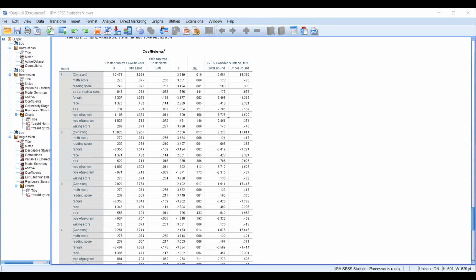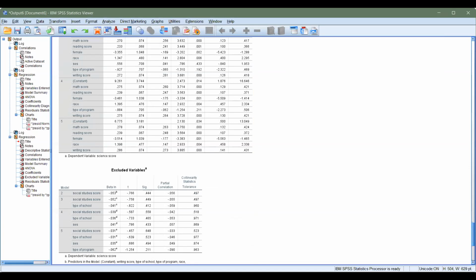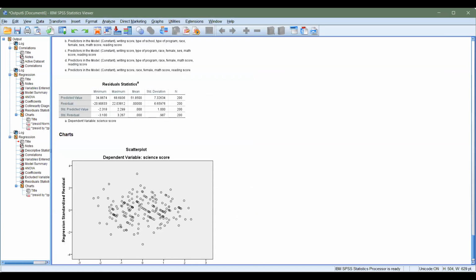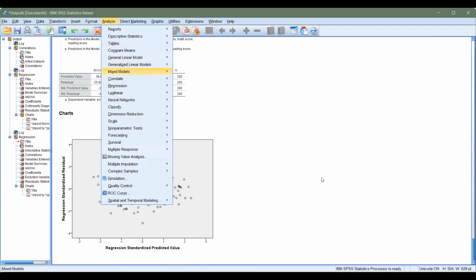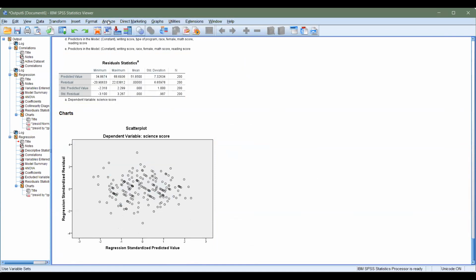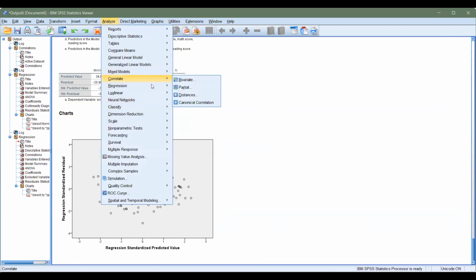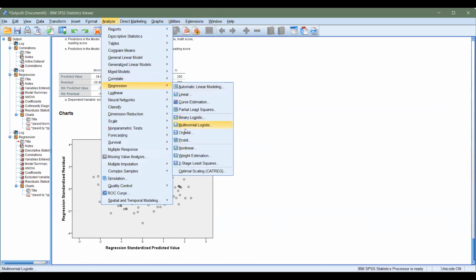So we have to use the enter method most of the time if you have got the technique in this, because ultimately what you are looking for is the overall model. See, homoscedasticity is also achieved here. So I'm going to analyze the same model based on the enter method, linear regression.